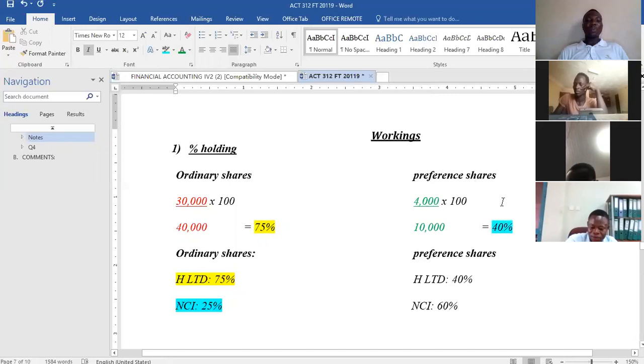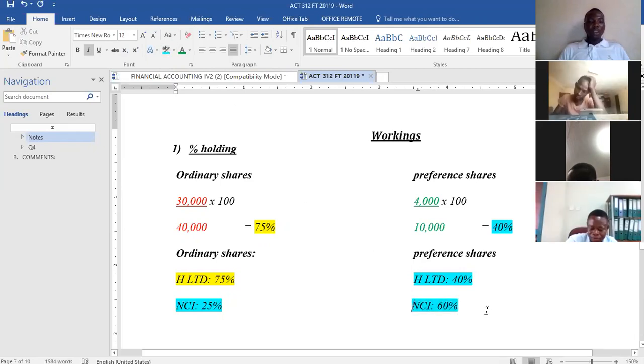He's getting 40%. So I can now say that H is having 40% of the preference shares and the minority interest is having 60% of the preference shares.